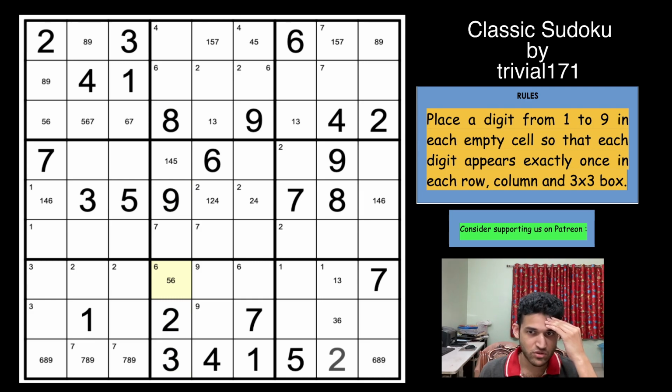Okay, so still the Sudoku is hard. Let me look at this cell. This has to be a 3, 5 and 7. Can't be 2, 4, 6. Cannot be 1, 8, 9. So 3, 5, 7.